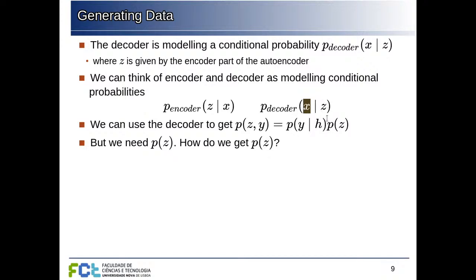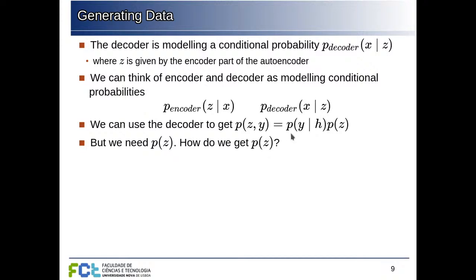This should be a Y, not an X. There are some typos here. It should be as a function of the hidden representation. It gives us a Y, this output, which actually in the autoencoder we also want it to be the same as the input, the way it's training.